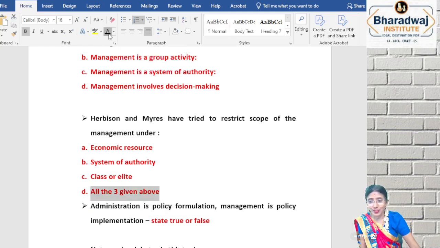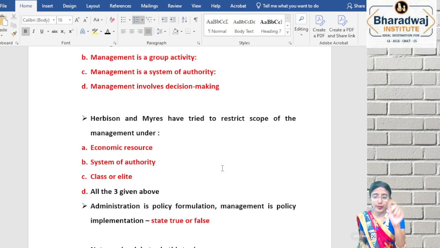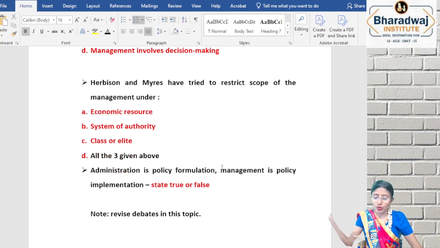Very good, yeah, all the three. Mark this question as important because students will not study. My exercise will be a mix of direct, repeated, complicated. Please note it. Harbison and Myers have tried to restrict the scope of management under all the three. Anyway, answer page I will show you.